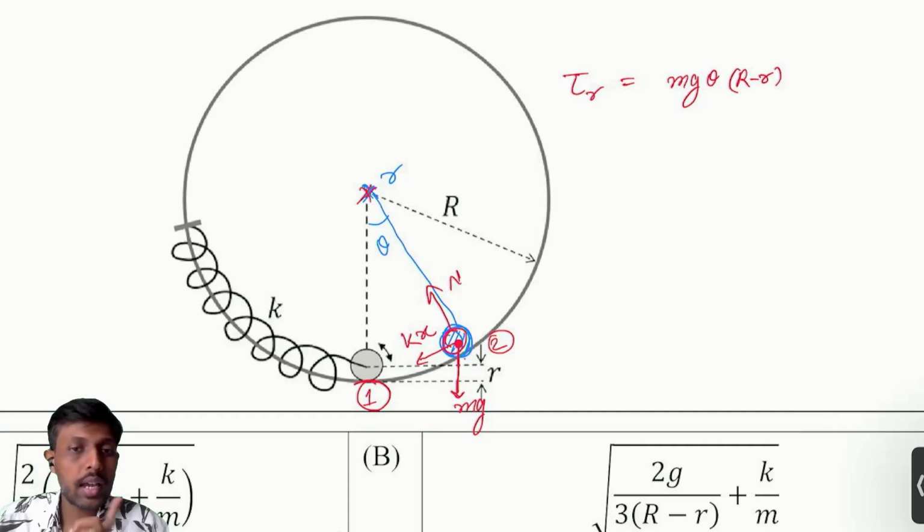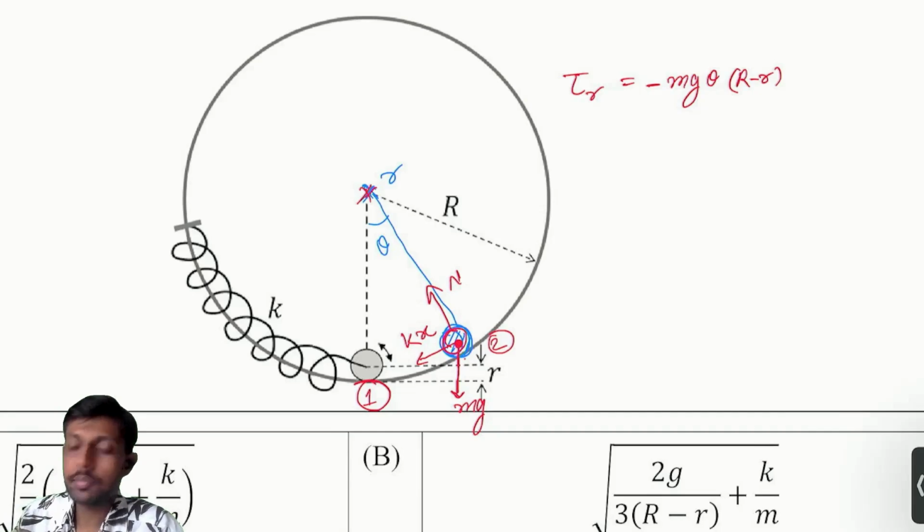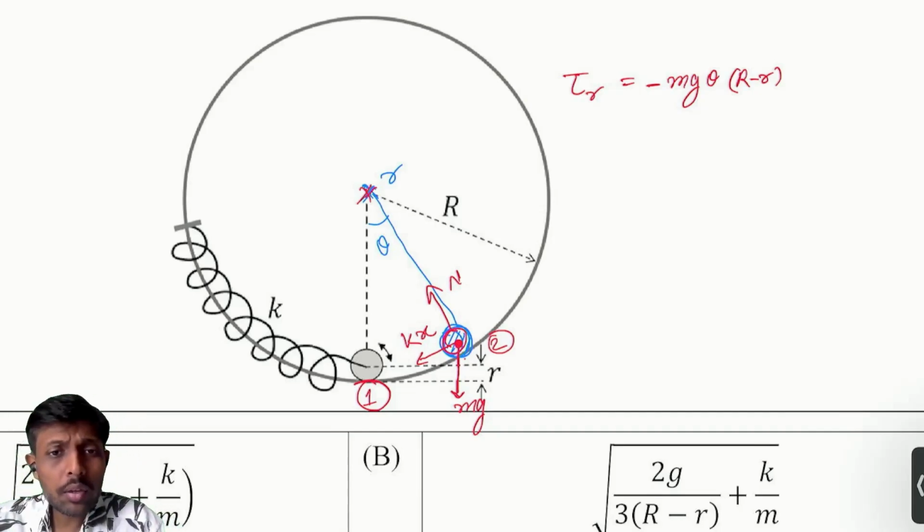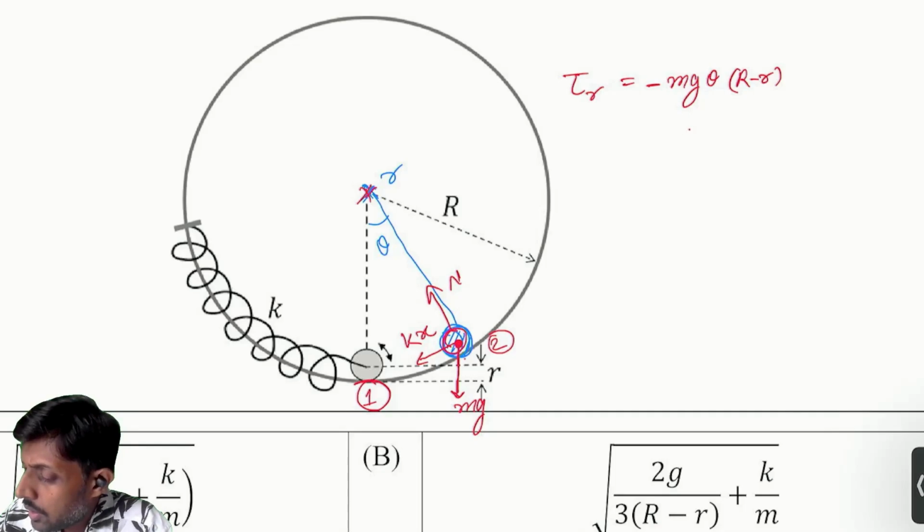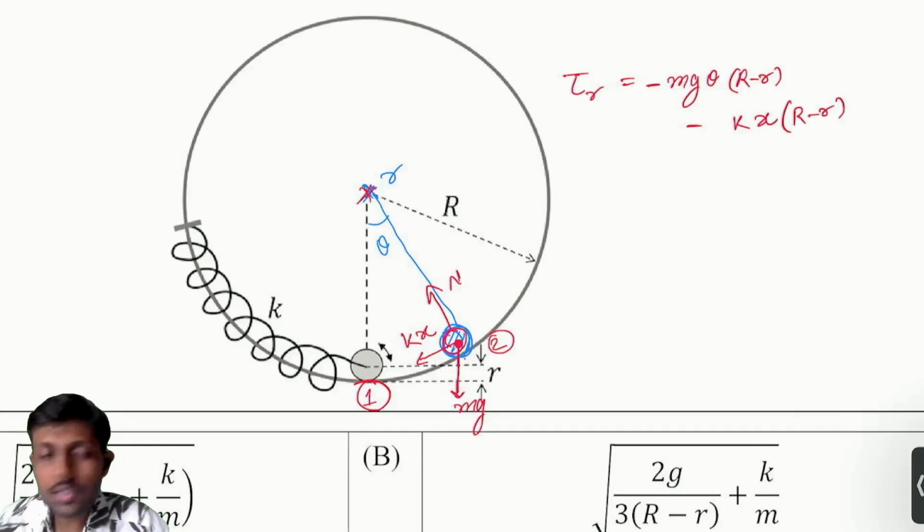This is the torque, and it is in which direction? In the opposite direction to the displacement, so we put a minus sign. This is the torque because of weight. Then the torque because of Kx, or the restoring force of the spring, is going to be Kx into R minus r. That's going to be it.